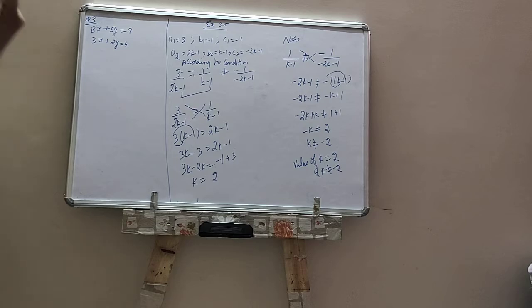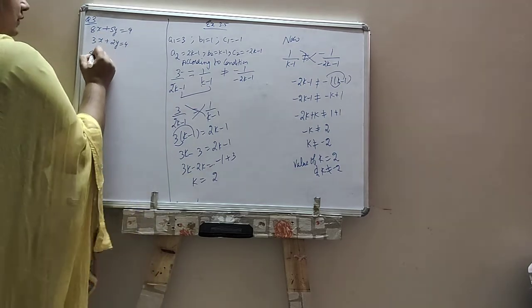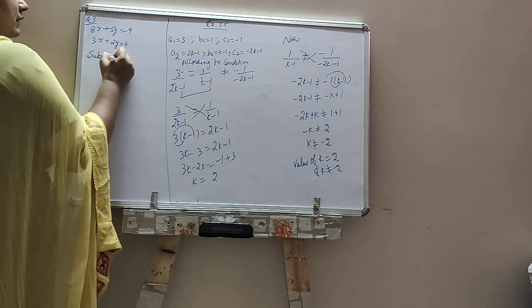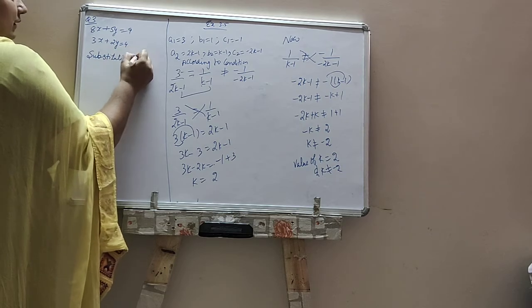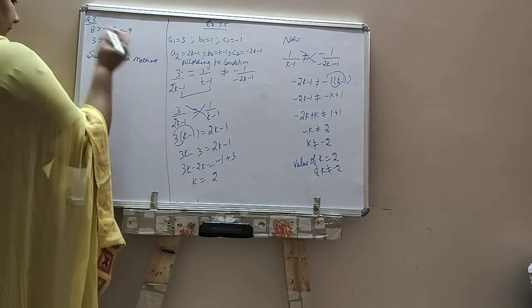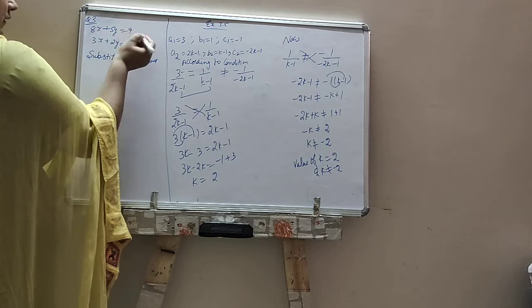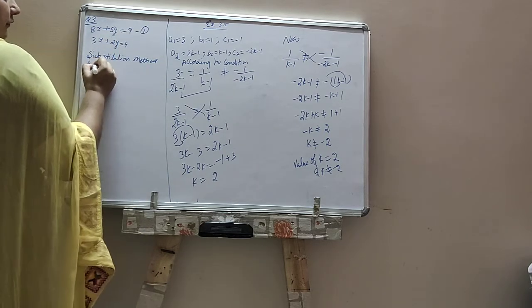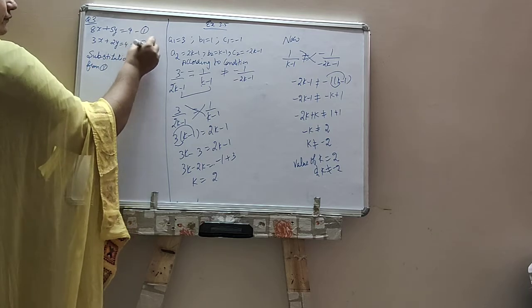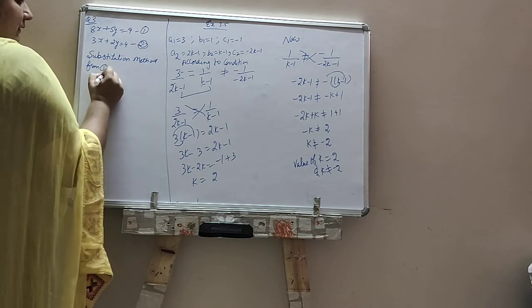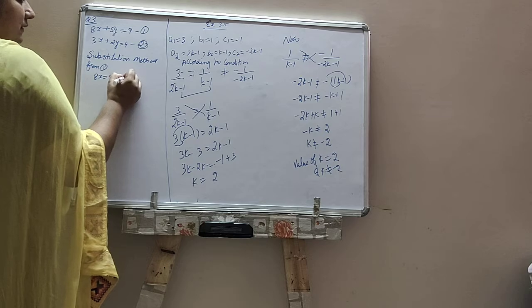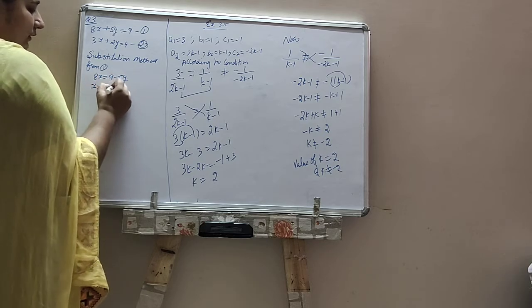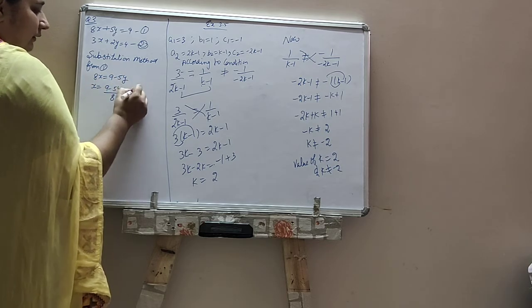Substitution method. Firstly, substitution method. You can find any value from anywhere. From 1, 8x is equal to 9 minus 5y, so x is 9 minus 5y by 8.